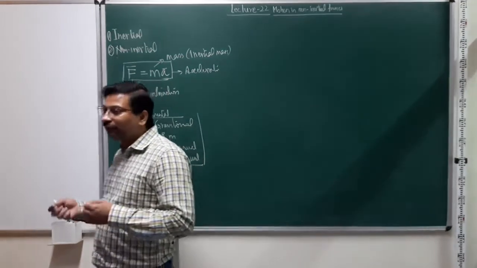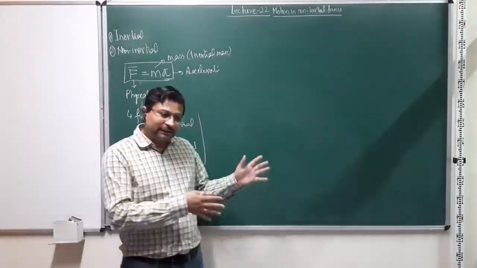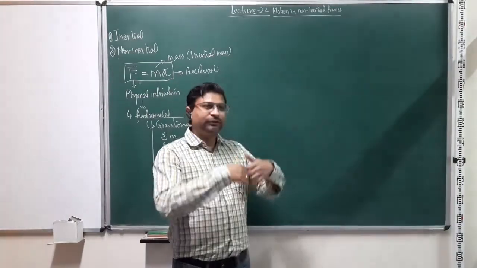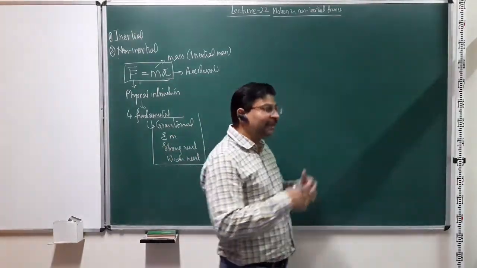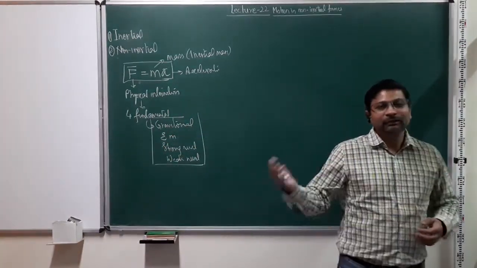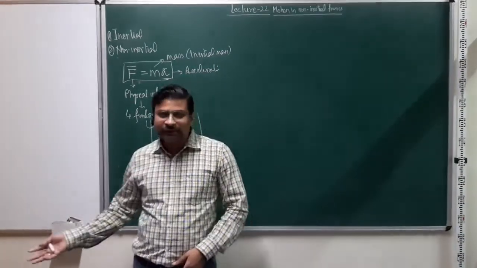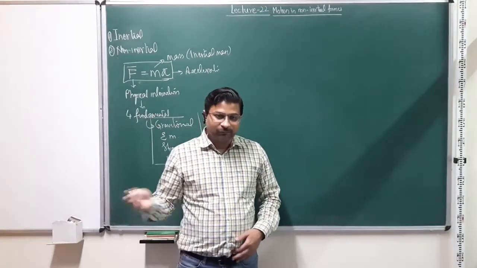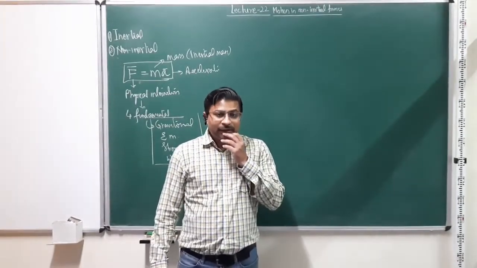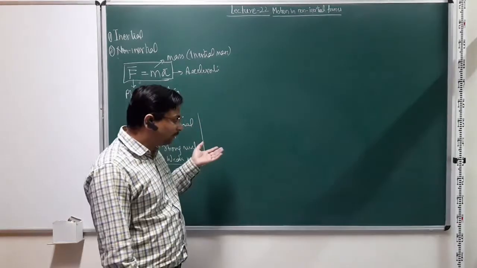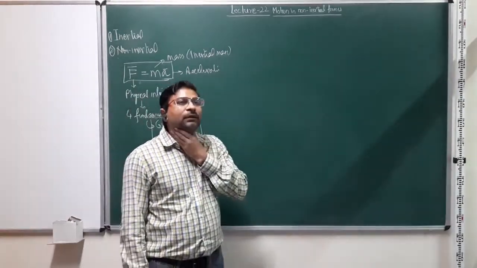Of course, we'll always take one inertial reference frame as stationary, in which all the phenomena happen as we understand them, and then we look at the other frames of reference, be they inertial or non-inertial, right? And this is what we will show in today's lecture.